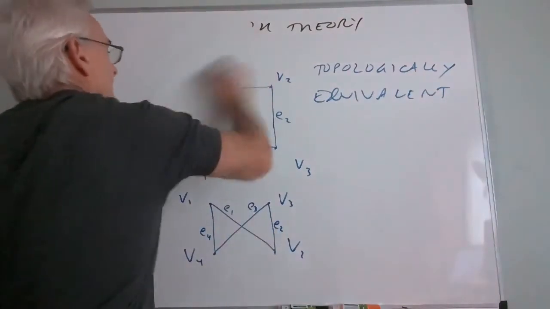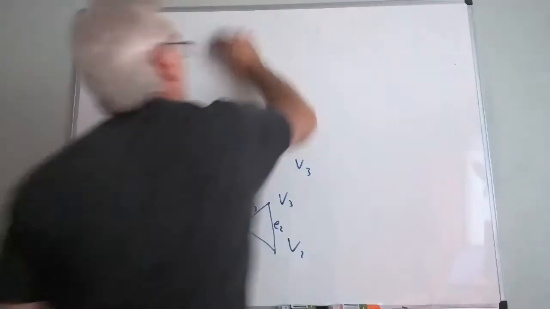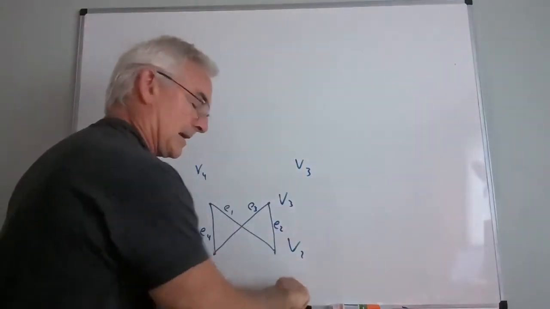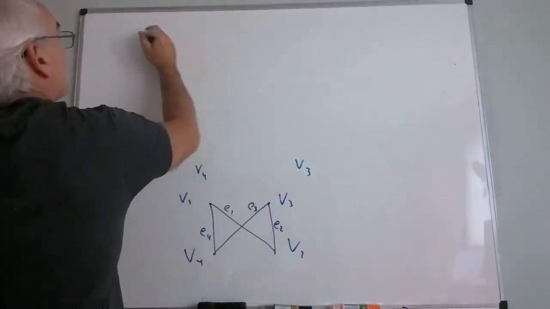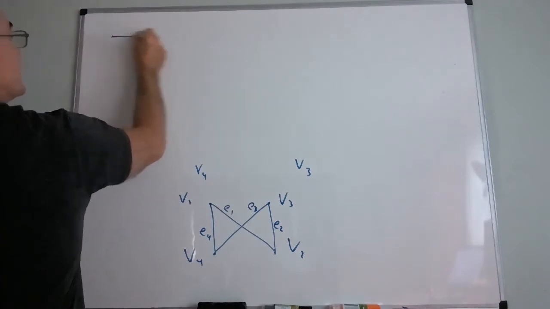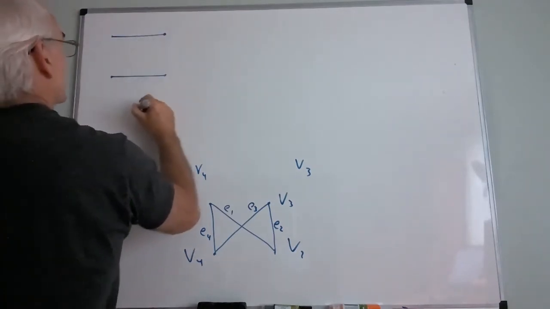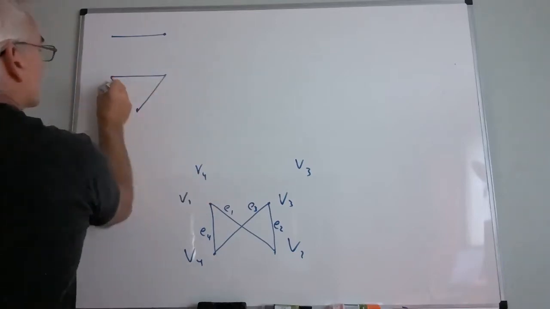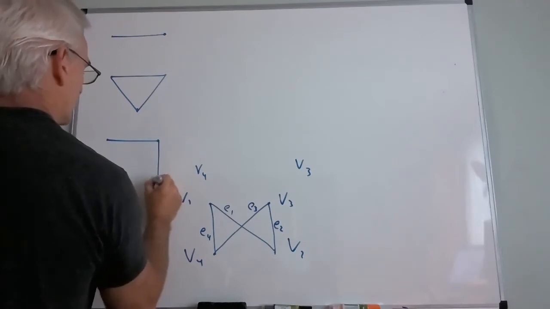Now I'm going to define a different type of graph. This is one of the most common ones we deal with. If I have two vertices connected by one edge, I could have 3 vertices. I could have 4.